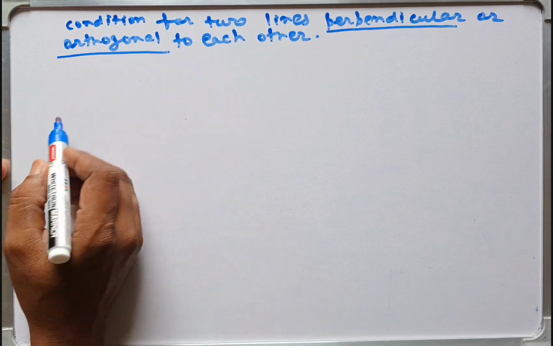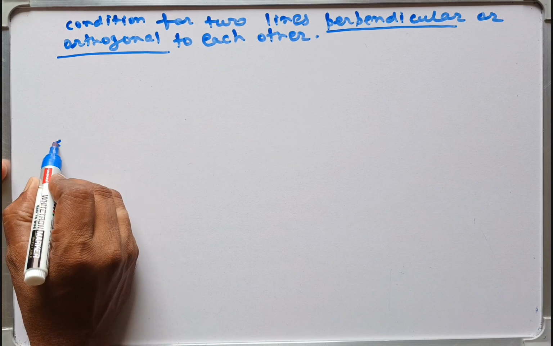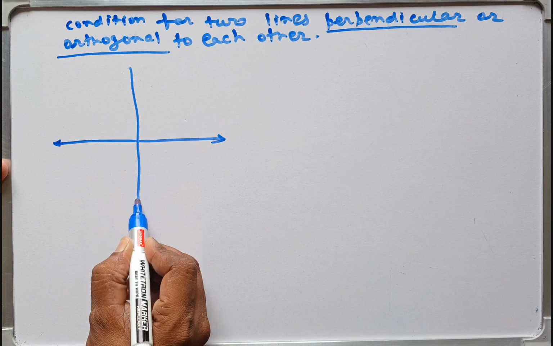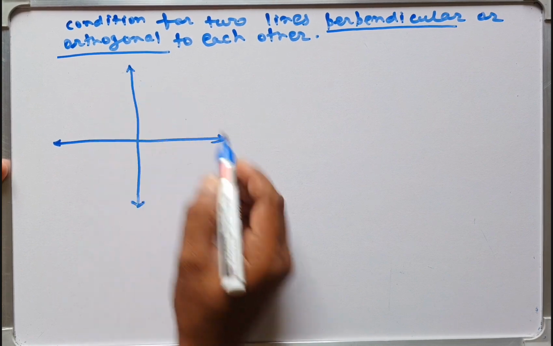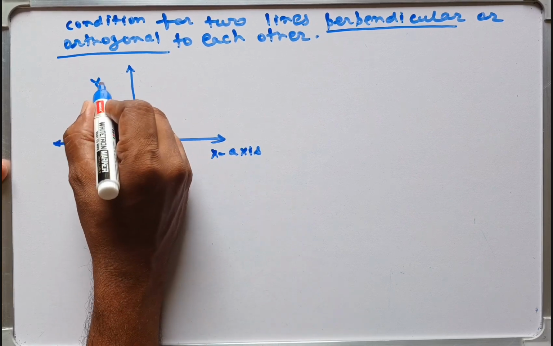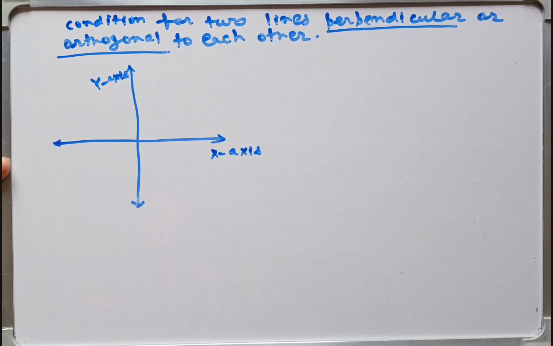Now guys, consider here, this one is the x axis and this one is the y axis. The x axis is the horizontal axis and the y axis is the vertical axis.